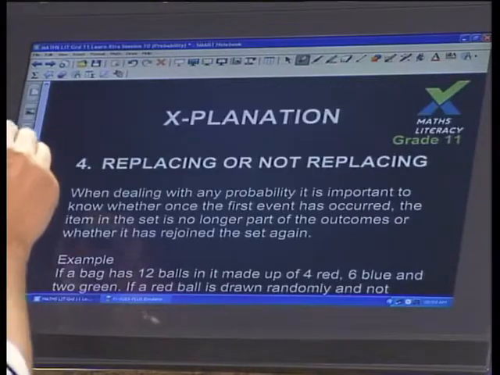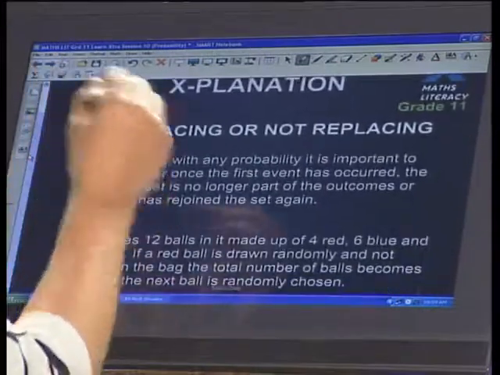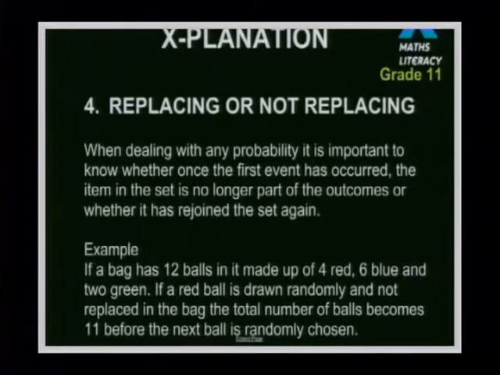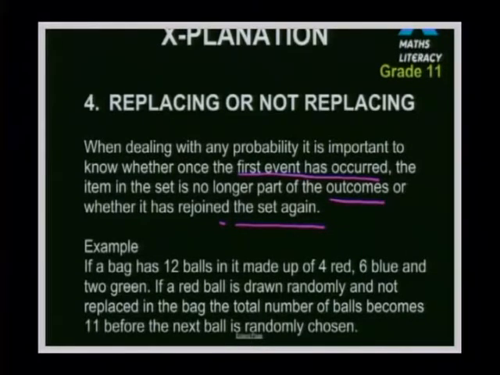Right, let's see what happens about replacing or not replacing a value. Now, this is another very important part of these calculations. When dealing with any probability, it is important to know whether once the first event has occurred, the item in the set is no longer part of the outcomes, or whether it has rejoined the set again. So let's look at an example.